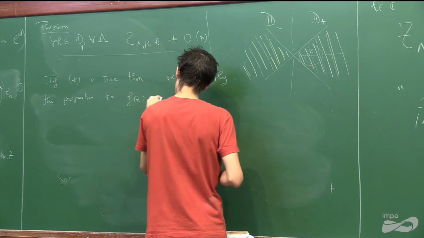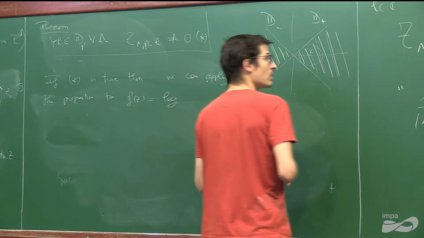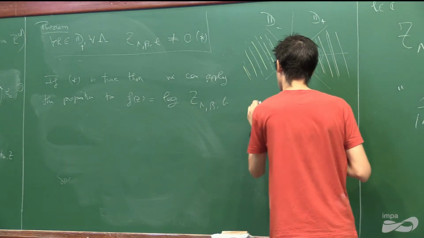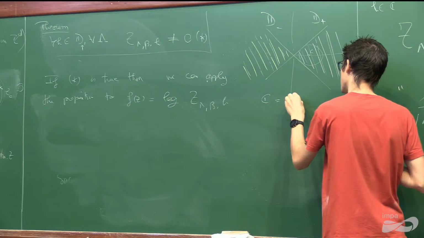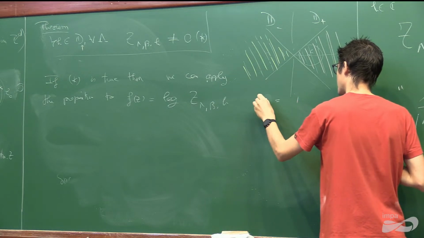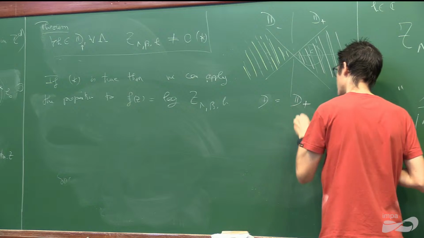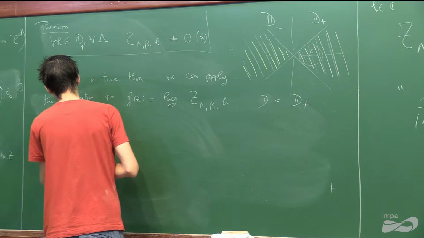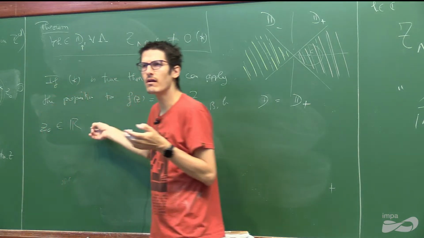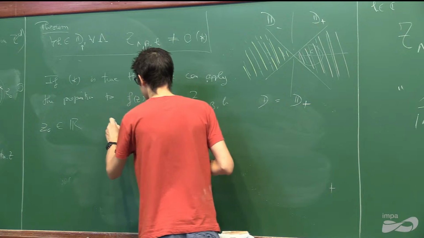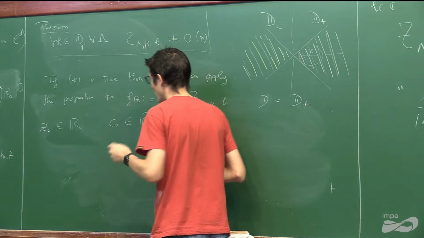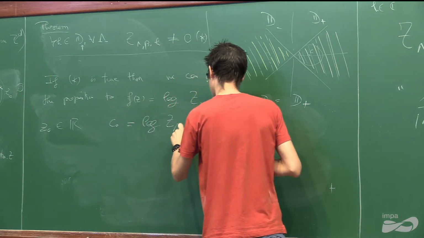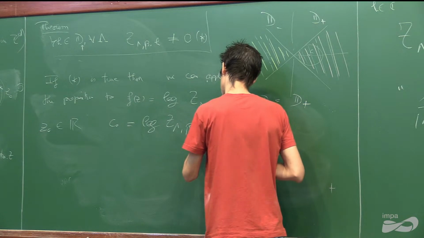to f of z is equal to Z lambda beta h, and D equal to D plus, and z0 being some arbitrary point on R, and c0 being just the real logarithm of this.